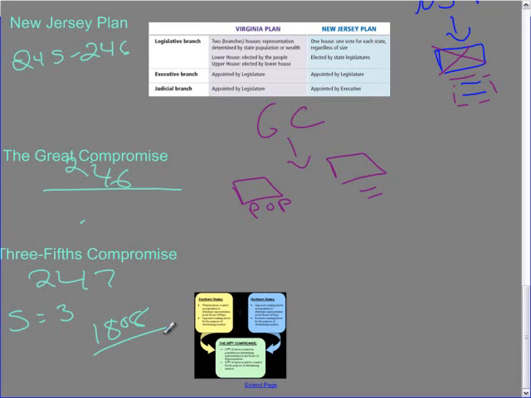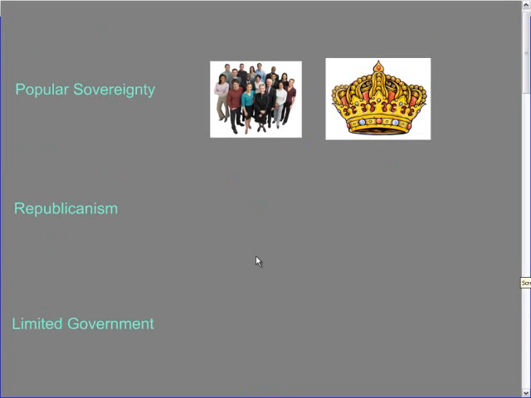So now we look at what actually is in the Constitution, because now it is on its way out to the states, and now people are actually sitting down with it, and it has to be ratified by the states. So we look at 7 principles of the Constitution, which basically means the 7 things that the Constitution is based on. Now, a lot of these we have talked about throughout the year.